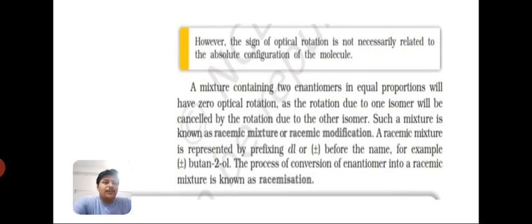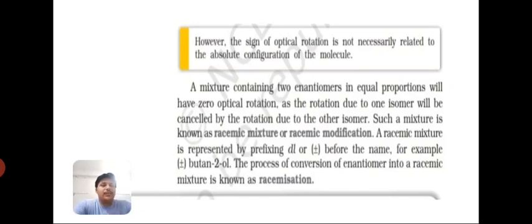Such a mixture is known as a racemic mixture or a racemic modification. A racemic mixture is represented by prefixing DL or plus-minus before the name, for example, plus-minus butan-2-ol. The process of conversion of enantiomers into a racemic mixture is known as racemization.